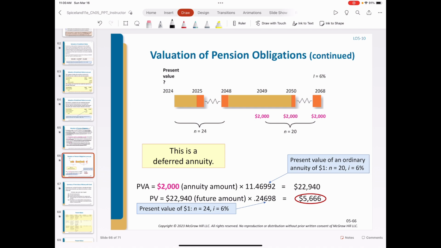She was hired at the beginning of 2024 and retires by the end of 2048. So this is 2048. She retires here.